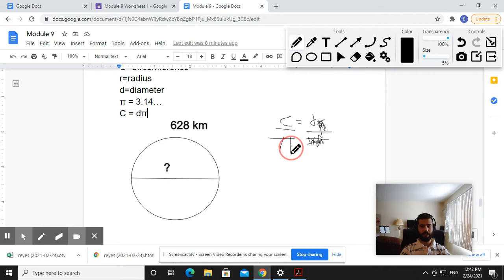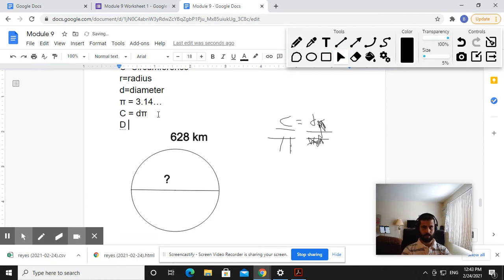Okay, so this is a sloppy pi right there. So diameter is just circumference divided by pi.